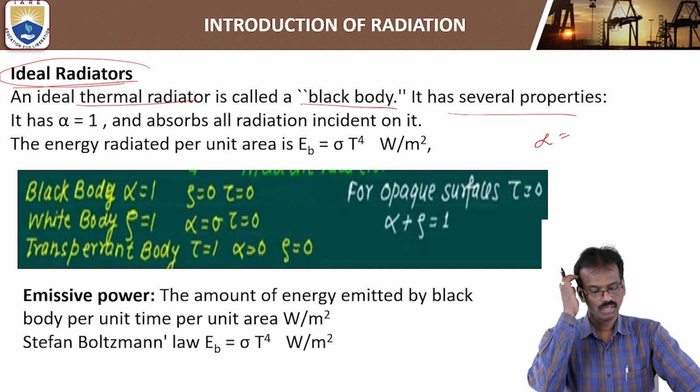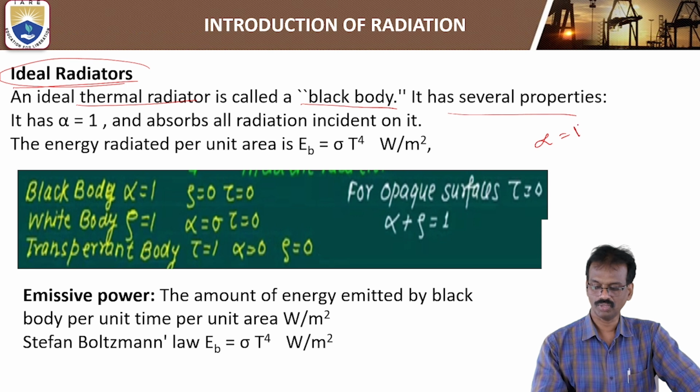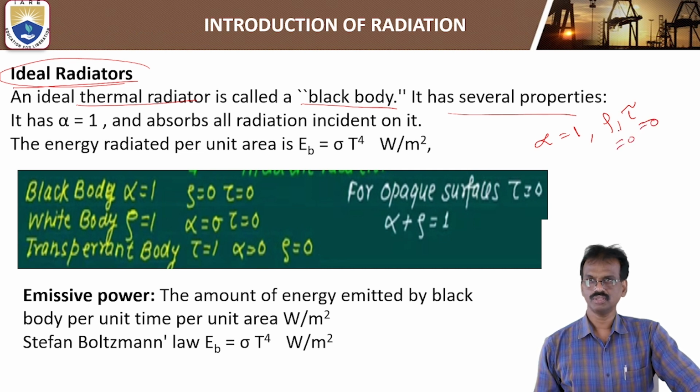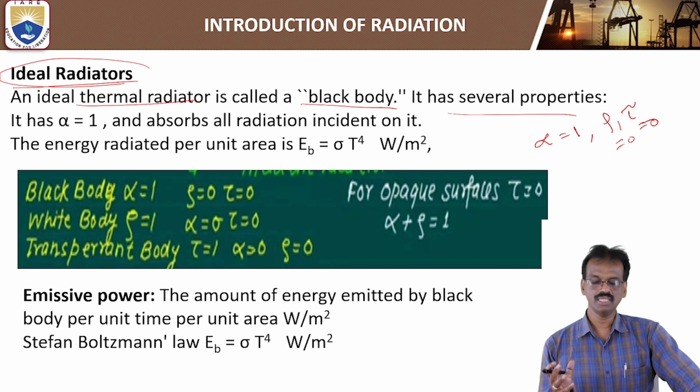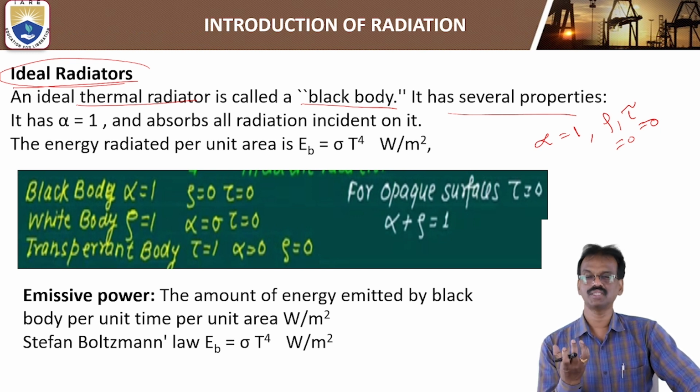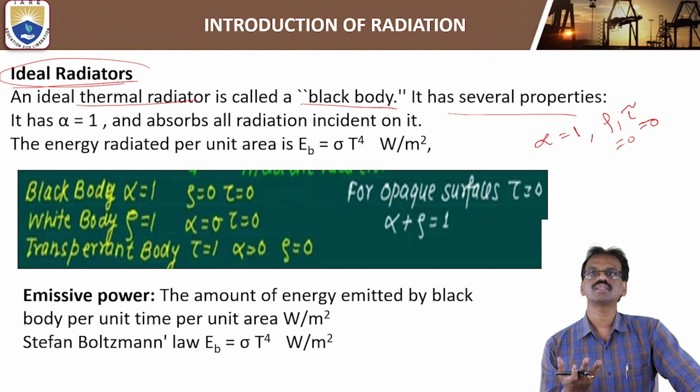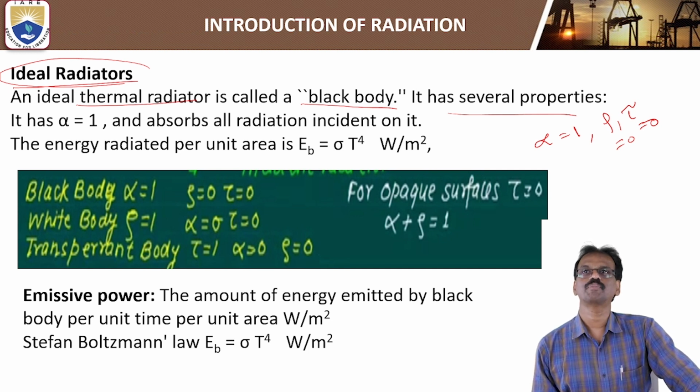So alpha is equal to 1 completely, and for reflection and transmission, both rho and tau will be 0. If the total irradiation or total incident radiation is absorbed by the surface, we can say that is a black body.